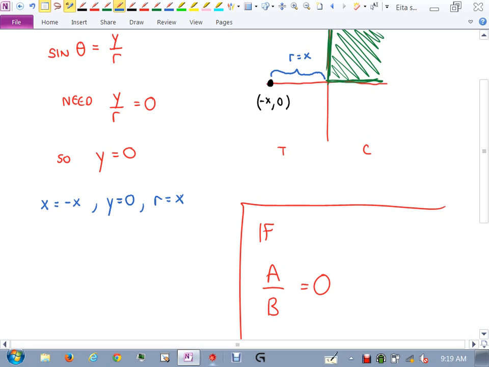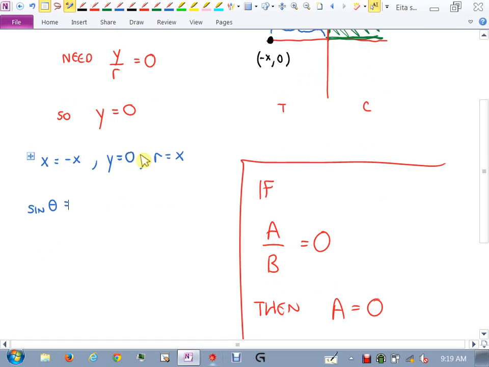So what would sine of theta be? Well, that was given, wasn't it? But you can actually see it from this. Sine was y over r, so that would be 0 over x. 0 divided by anything is 0. What would cosine of theta be? That's x over r, so that would be negative x over x.